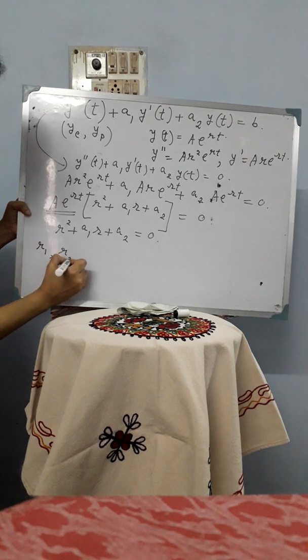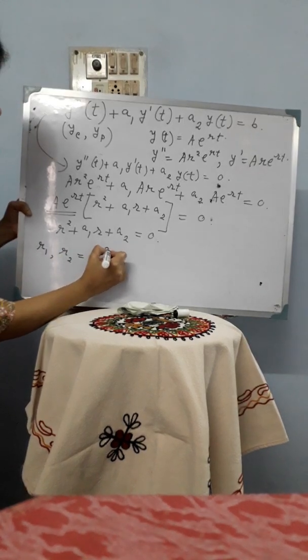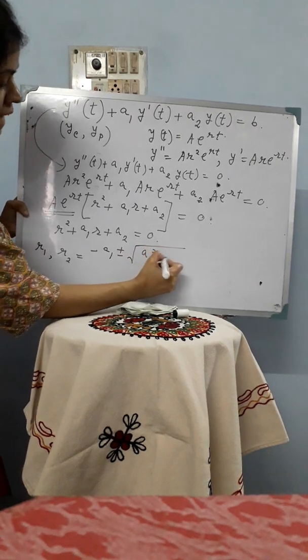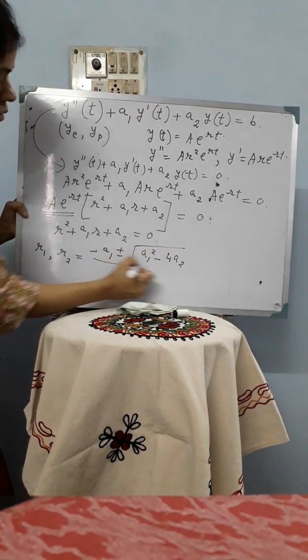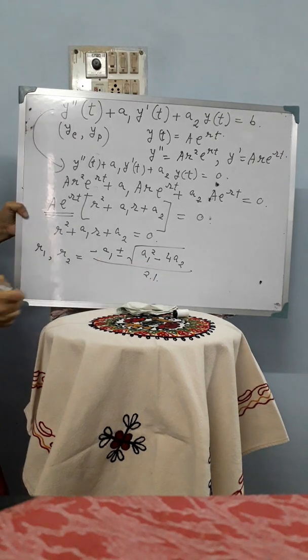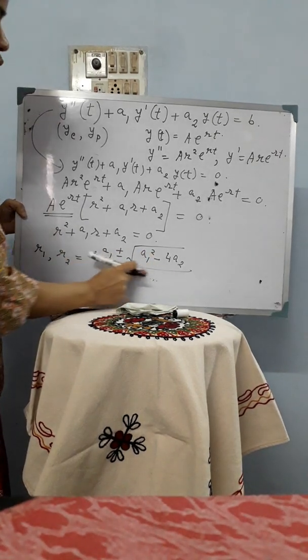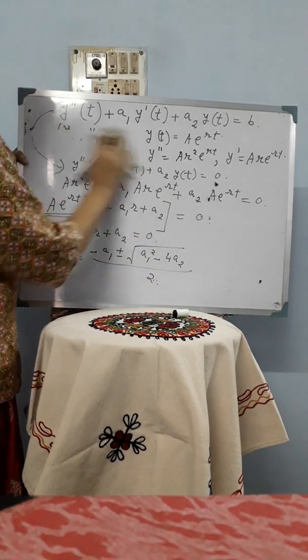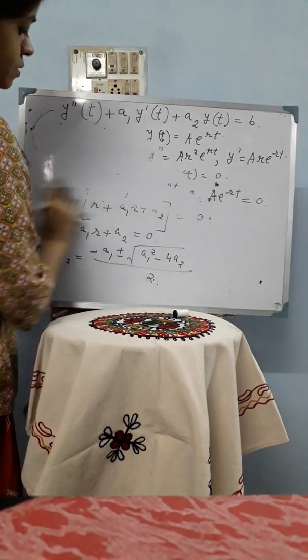So r1, r2 = (-a1 ± √(a1² - 4a2)) / (2×1). Now here we are considering the case of complex roots.